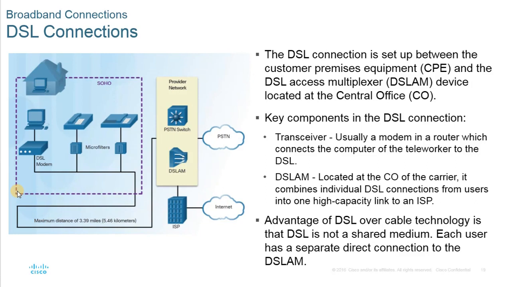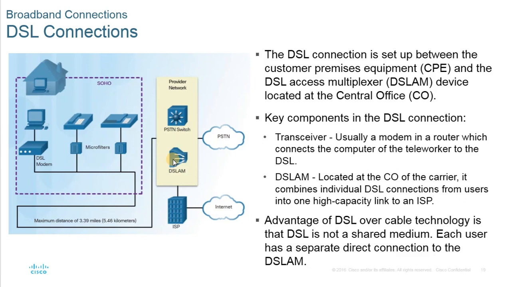Good thing for DSL connection is that each subscriber can have a dedicated or direct connection from the internet service provider. That kind of connectivity is possible by the use of the DSL access multiplexer, or DSLAM. This hardware resides mostly at the internet service provider.